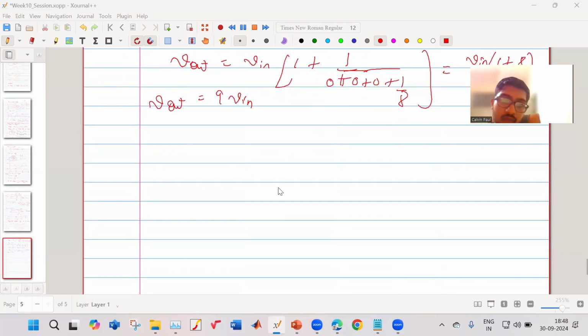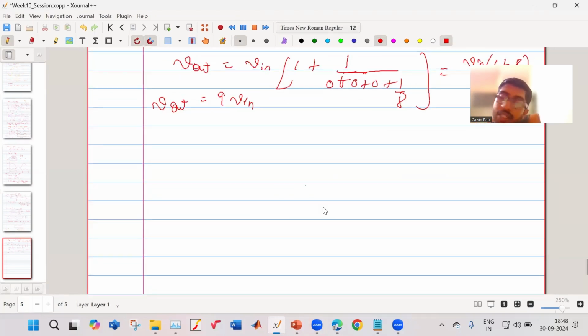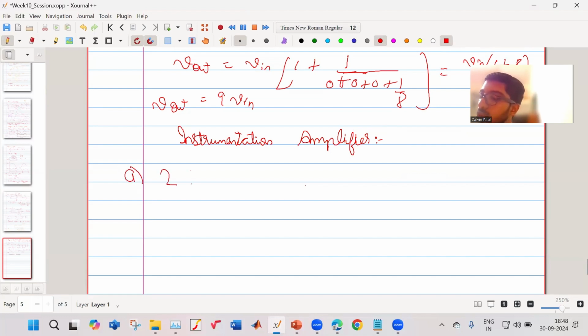we will consider what is known as an instrumentation amplifier. So first of all, it is a two-stage amplifier, and we use it because it can give very high input impedance.